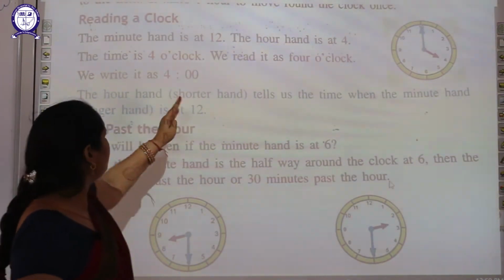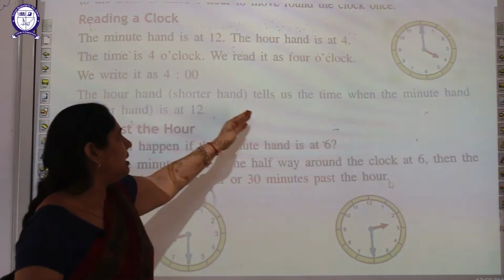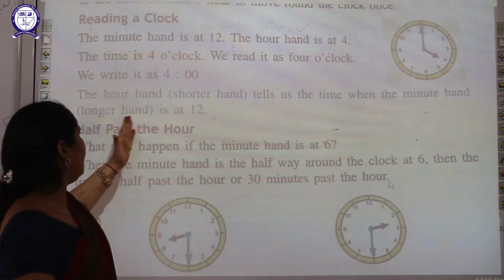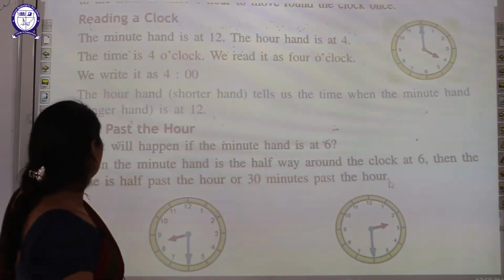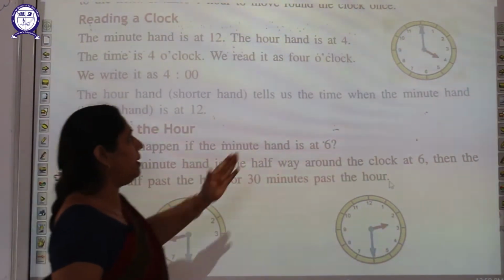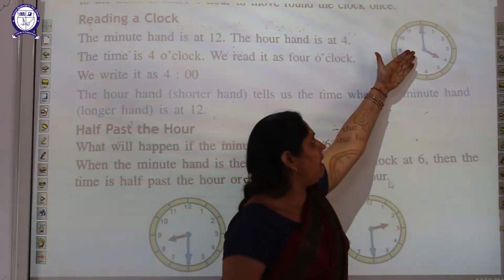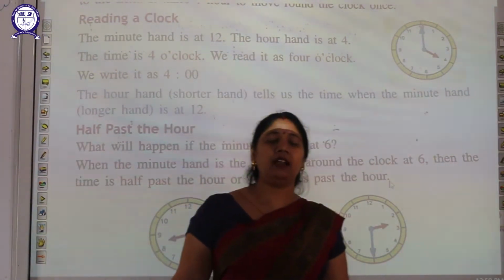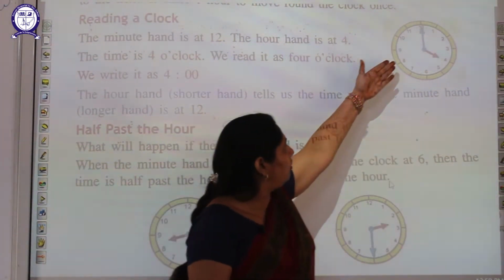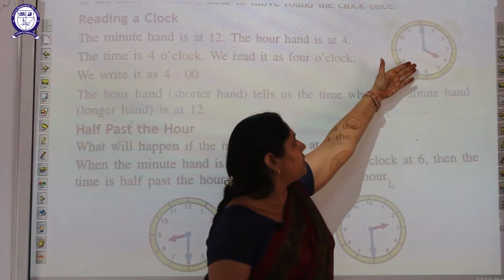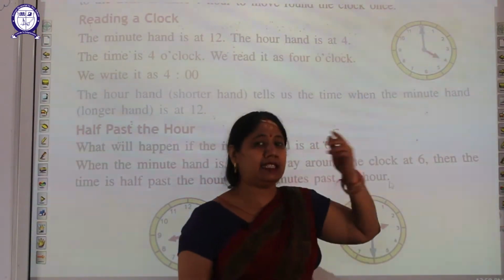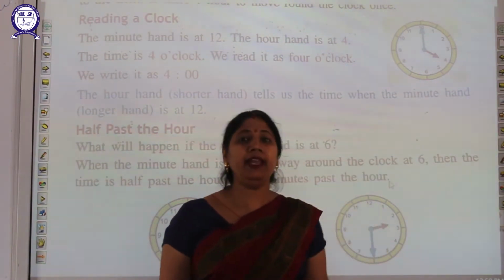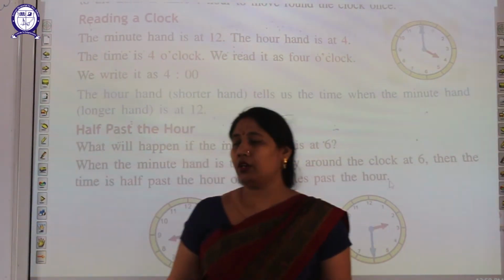The hour hand, the shorter hand, tells us the hour when the minute hand, the longer hand, is at 12. Suppose the shorter hand is at 6 and the minute hand is at 12. So the time will be 6 o'clock.